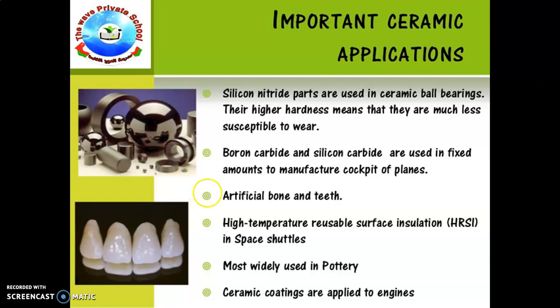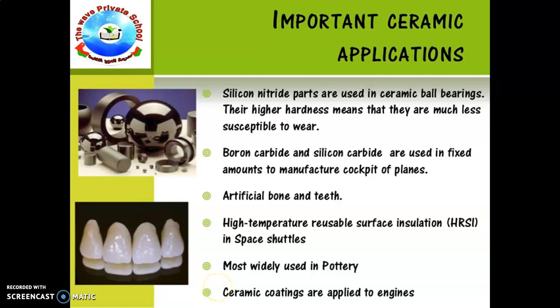Ceramic material is also used in artificial bones and teeth. For example, if we have a damaged tooth, in the hospital they will fix an artificial tooth, and the bones are also made of ceramic material.